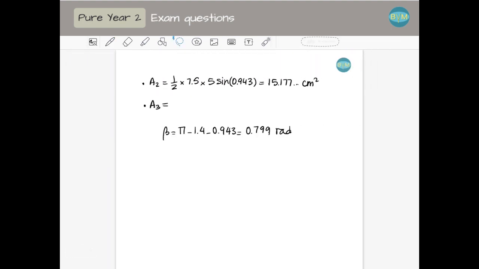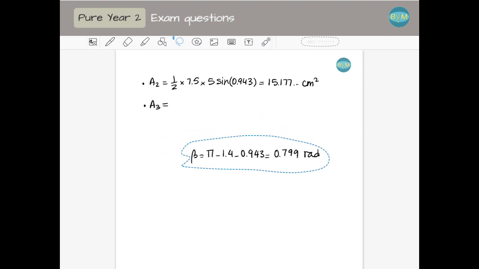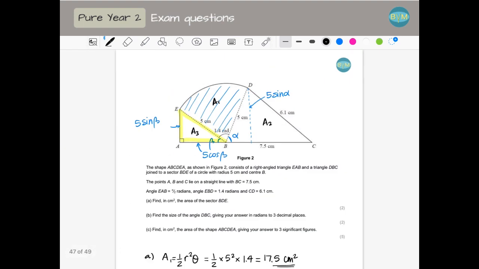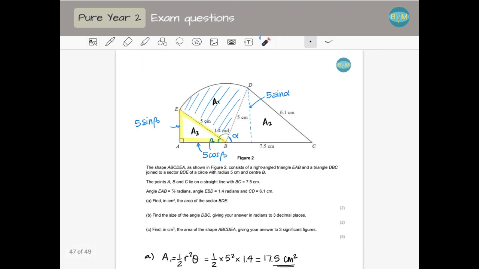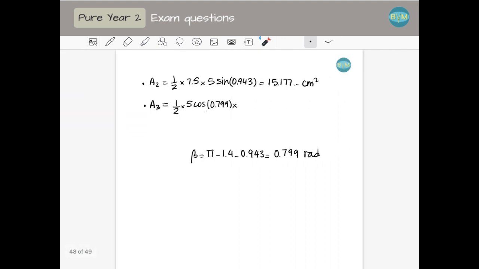So the area here is going to be 1/2 base, which is 5 cos beta, where beta is 0.799, times height, and height is 5 sine beta, all in radians, and this is going to be 6.2478 centimeters squared.